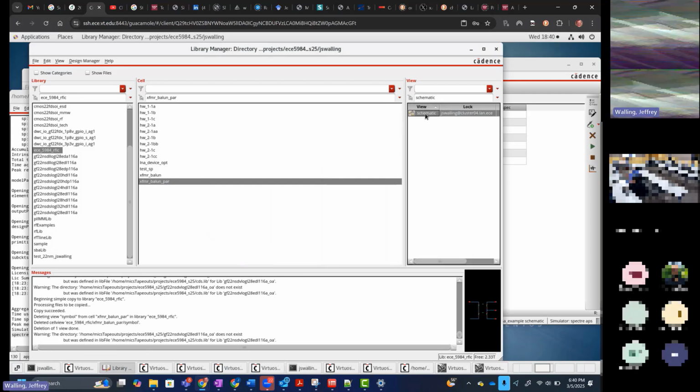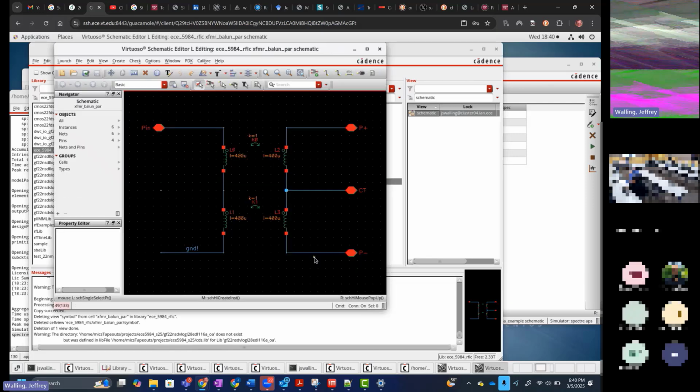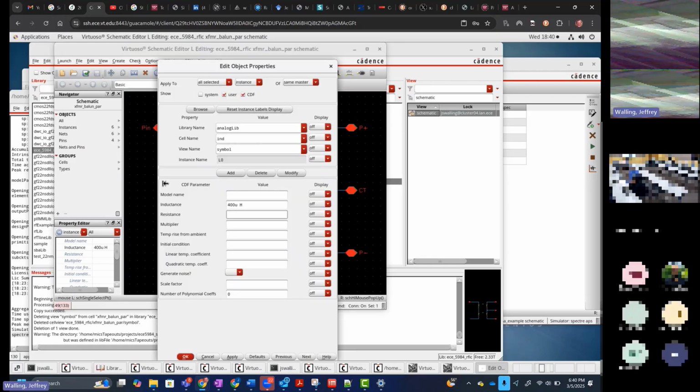All right, now what do you do if you do want to, say, change the winding inductance or something like that, but you want to be able to tune it? If you go in and make the inductance, you can make this P par and then some name.